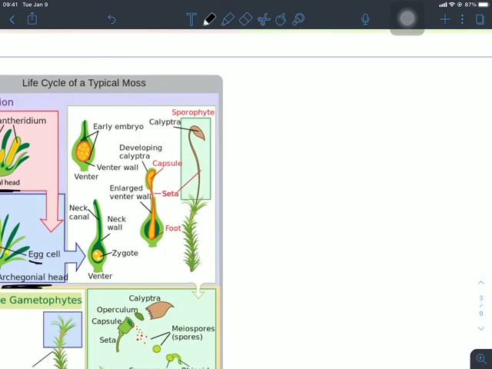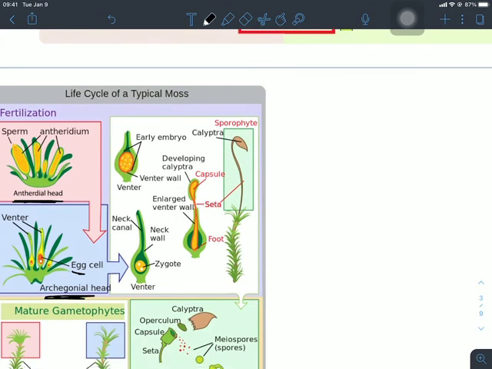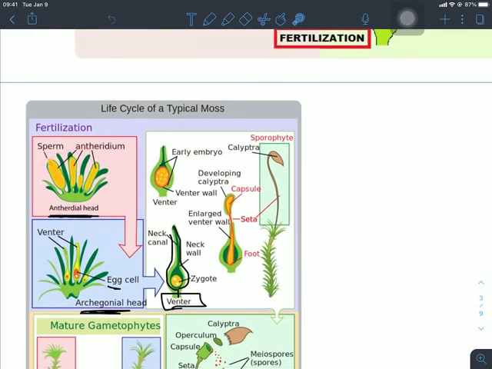The egg carrying structure has an outer cell layer here called the venter. The venter will have a hole in the top called the neck canal, and it is down the neck canal that the sperm can swim. The sperm coming from our antheridia.